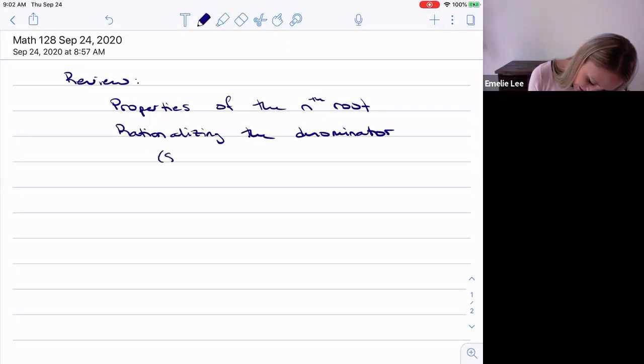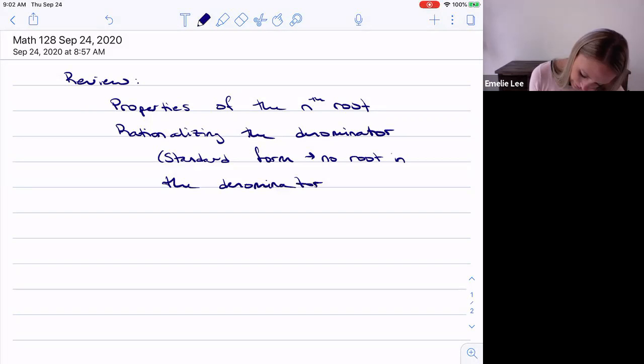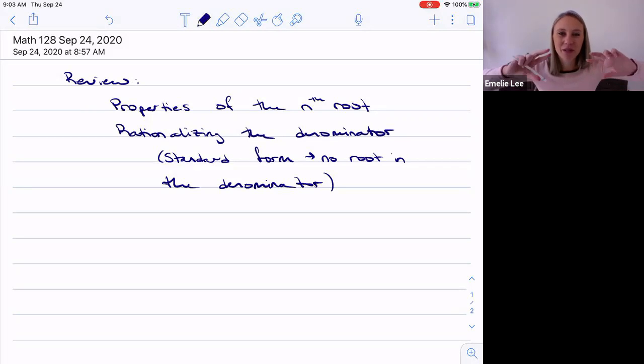Standard form is also what it's called, means that there's no root in the denominator, which meant we had to put it up in the numerator. So we had to do a little bit of work. We multiplied by 1, some convenient value of 1, to get that root from the denominator up to the numerator.